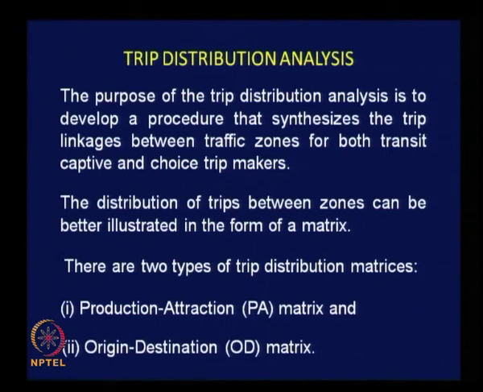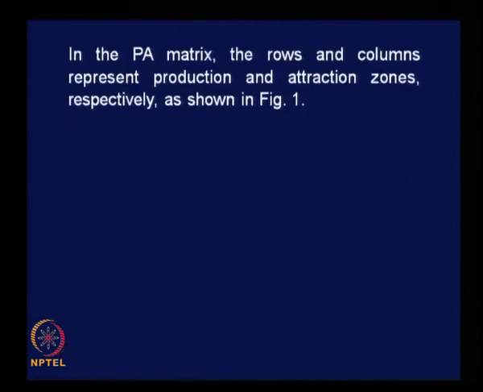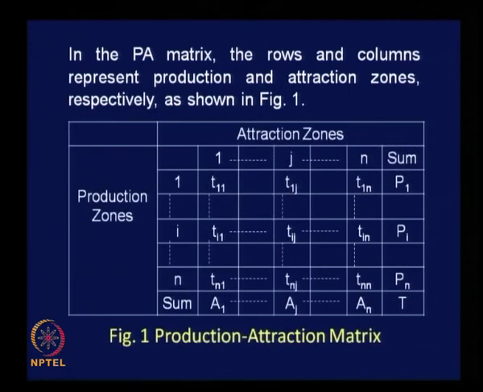Clear? Let us first take the production attraction matrix and see how this matrix is prepared and how we understand the data set given in a PA matrix. This is the PA matrix. We are taking production zones along the row in the table and attraction zones along the column.